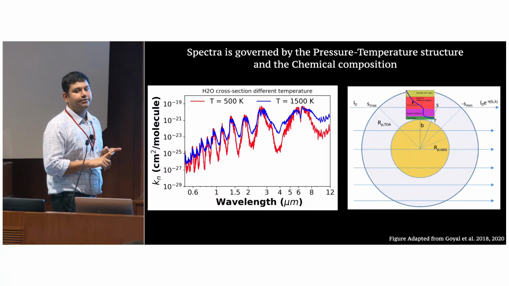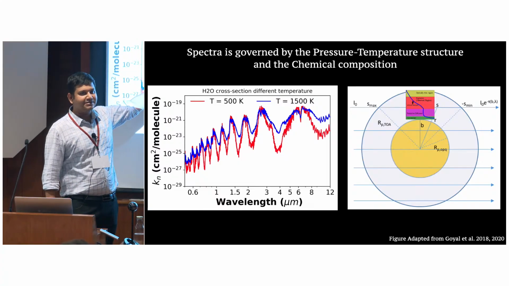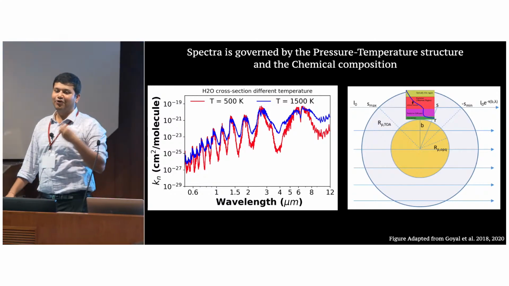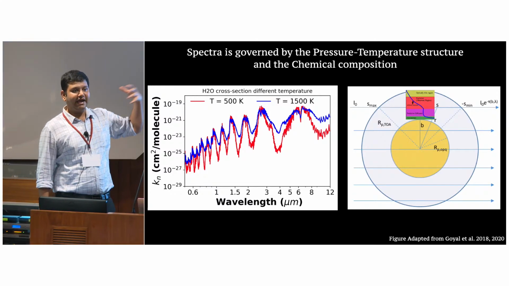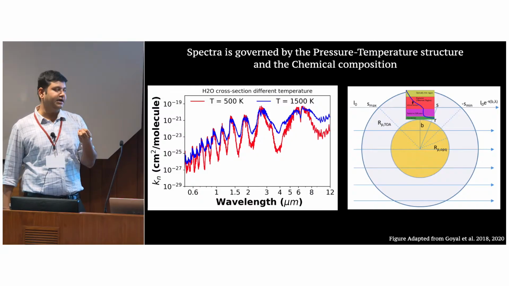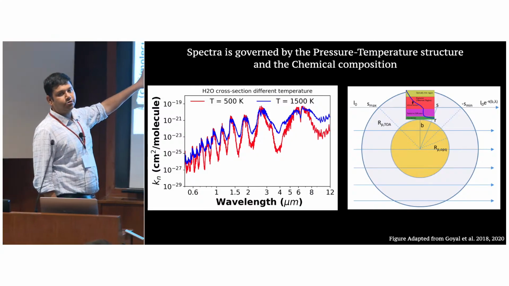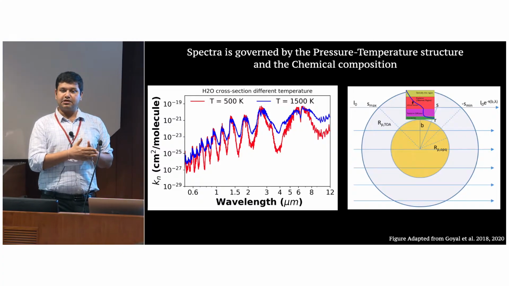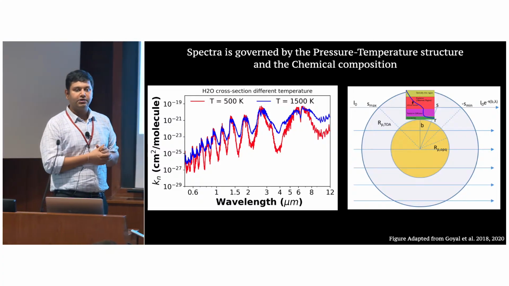All the flights rely on that. But for exoplanets, I can't go and launch one there. It will take me 70,000 years to go. So what do I do? To get that pressure temperature structure accurately, I need to use my models. I rely on my models for comparing with the observation. That's why measuring the pressure temperature structure becomes very important.